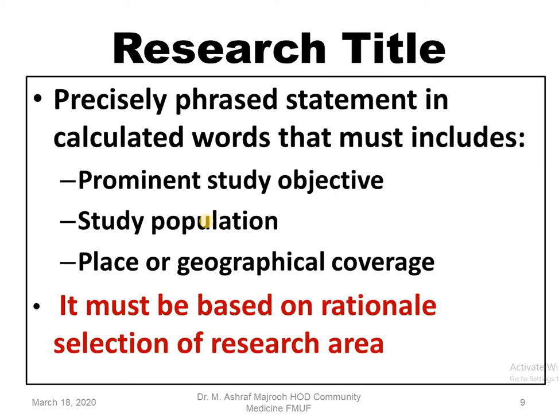Prominent study objectives. Sometimes we frame many objectives in a study, but the most prominent, most conspicuous objective can be reflected in the title of the study. Then it must be based on the rational selection of the research area.